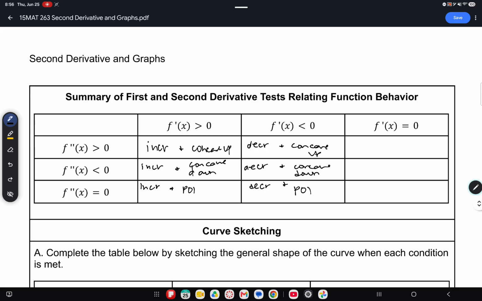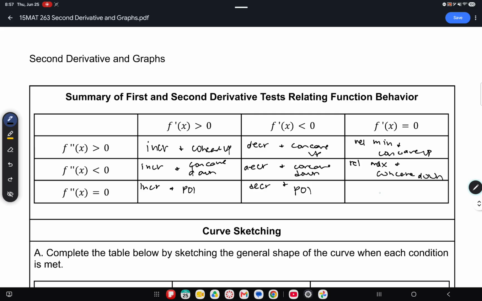Now, if the first derivative is equal to 0 and the second derivative is positive, then we have a relative minimum and we're concave up. And then we'd have a relative maximum and be concave down for the next one.